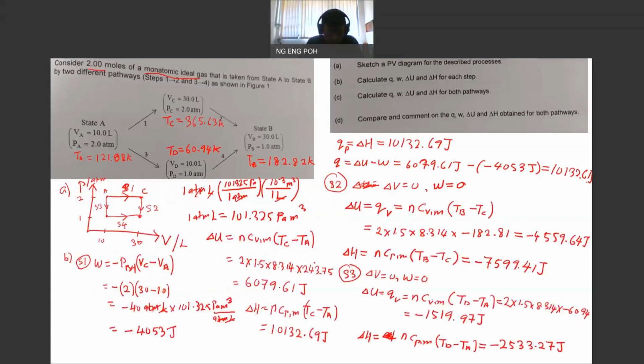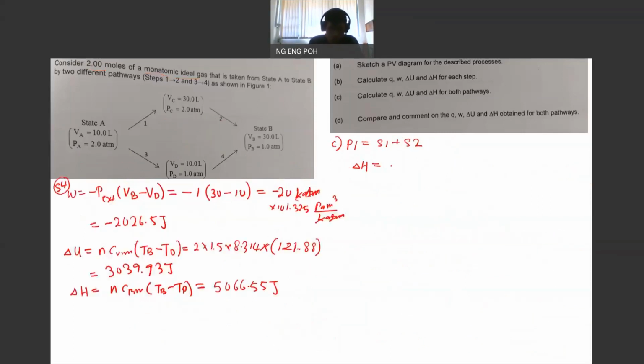Delta H is 10132.69 plus delta H of step 2, which is minus 7599.41. So the answer will be 2533.28 joule.